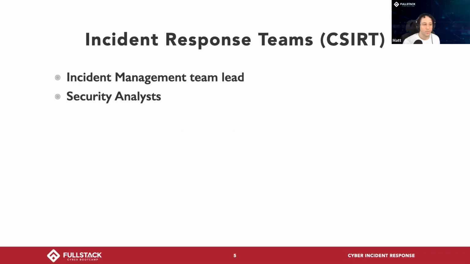Now, oftentimes when there's an incident, there may be one analyst, maybe a couple analysts, working under the team lead. Generally, these analysts will be split into 2 different sections. You have what's called a triage analyst, right? Just because there's an incident happening doesn't mean there aren't more alerts popping up constantly.